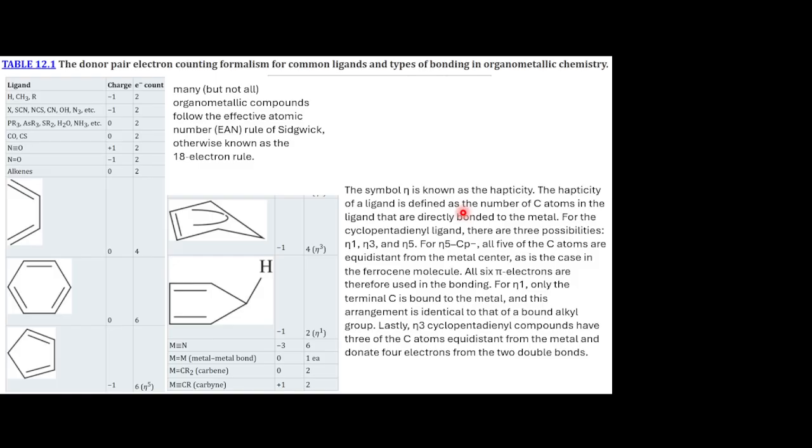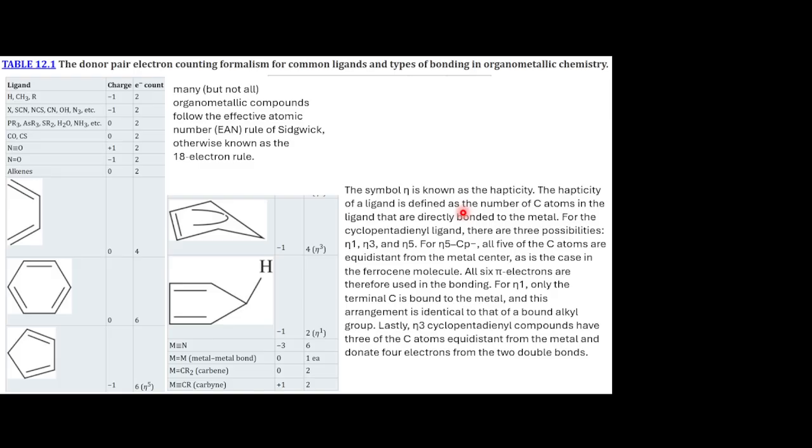So for the eta-5, all five of the carbon atoms would be equidistant from your metal center. And it would look a bit like the metal is a little crown on top of it, with all five of them having direct connections. Kind of like you'd take your hand and grab something in the middle.